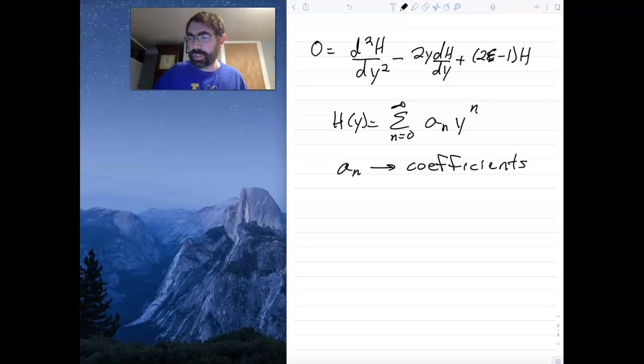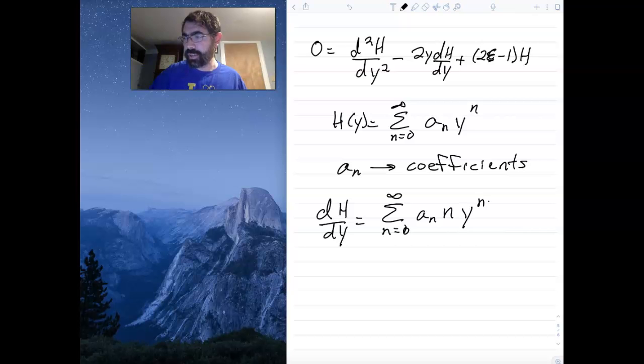So the first derivative is going to give us, if we take the first derivative, we essentially bring down a_n. So the sum of a_n, we bring down the n, y to the n minus 1.